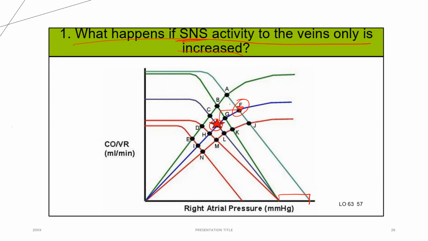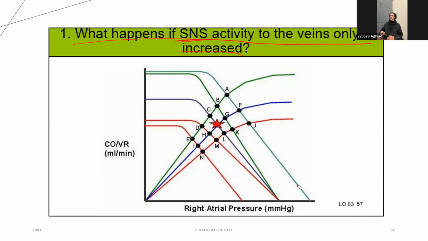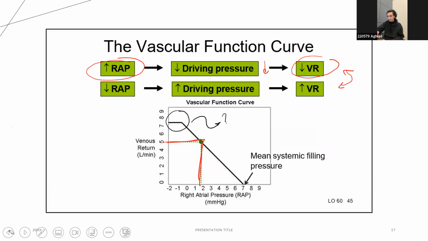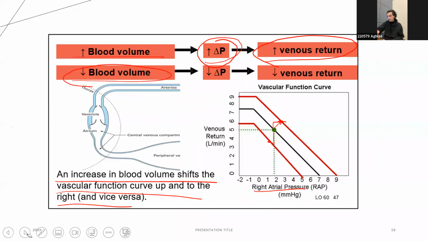Yeah, just to recap, when asked about venous pressure, would right atrial pressure remain constant? Or was it venous resistance? No. I'll go back. All right. Right here.